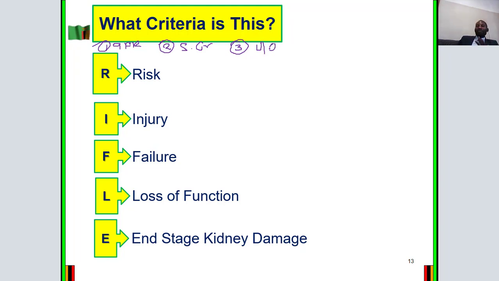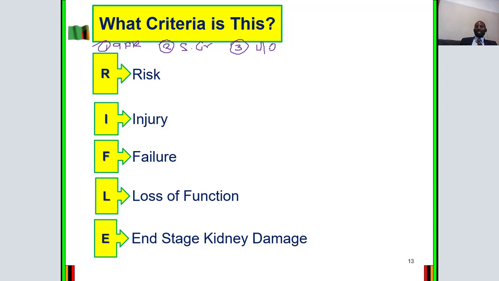The other thing you're supposed to know here is the stages. RIFLE has 5 stages, as you can see. And the first 3 stages are just the same as the Kidney Disease Improving Global Outcomes, KDIGO.